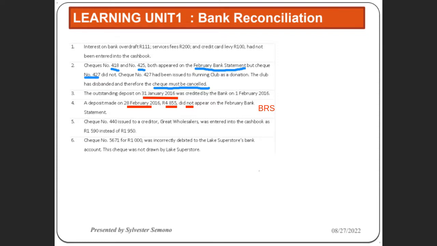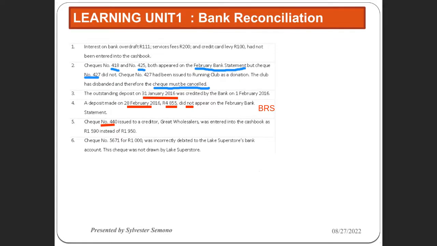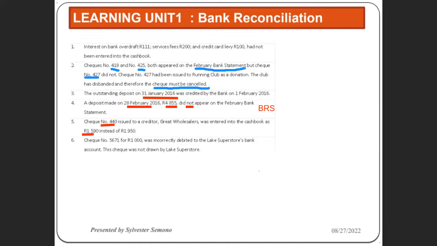Number 5, they say a check number 440 issued to a creditor, Great Wholesalers, was entered in the CBR, in the cash book, as 1590 instead of 1950.